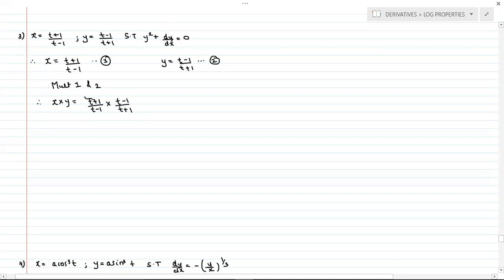Clearly t plus 1 is common, so we can cancel, and t minus 1 is common, we can cancel. So here we are left with 1, and x into y on the left hand side.